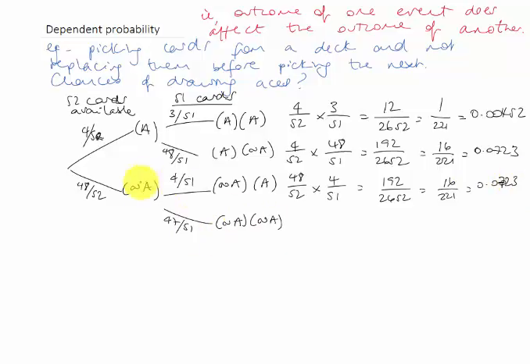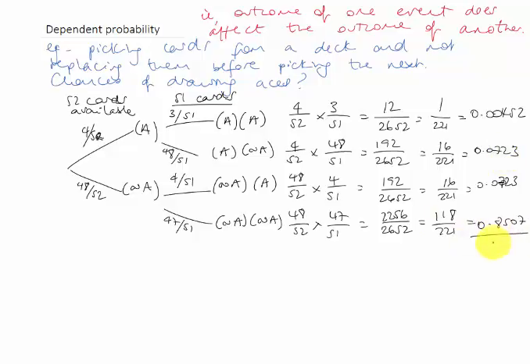And then finally, not ace and not ace: that's 48 out of 52 times 47 out of 51, which gives us 2256 out of 2652, or 118 out of 221, or 0.8507.